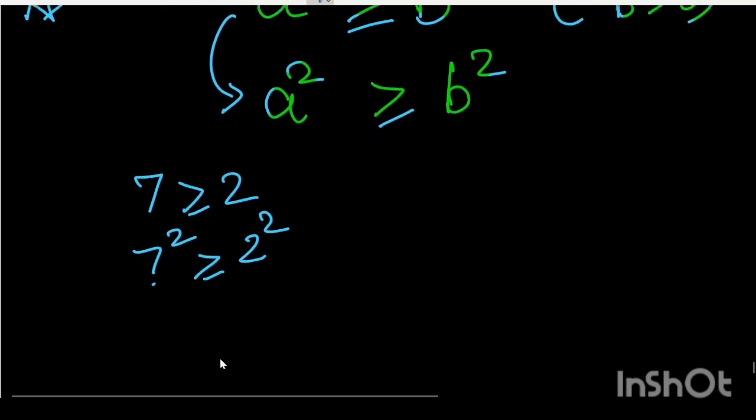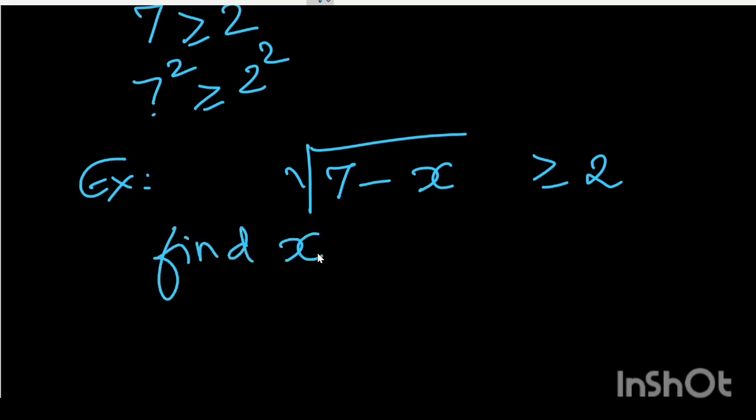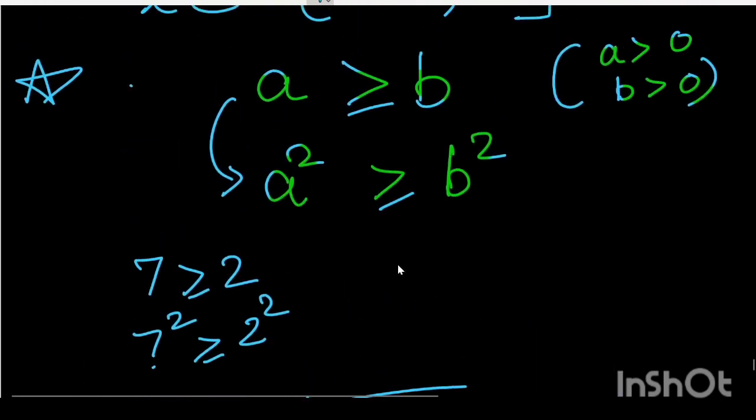So what's the use of this? The use of this is to solve square root inequalities. Okay, for example, under root of 7 minus x greater than or equal to 2. Find x satisfying this.